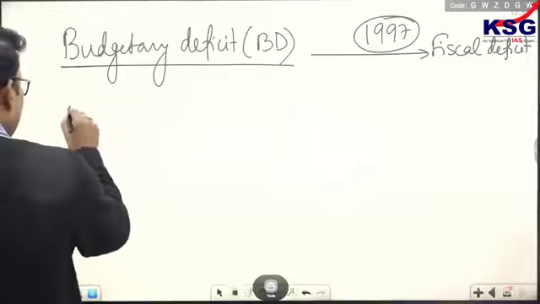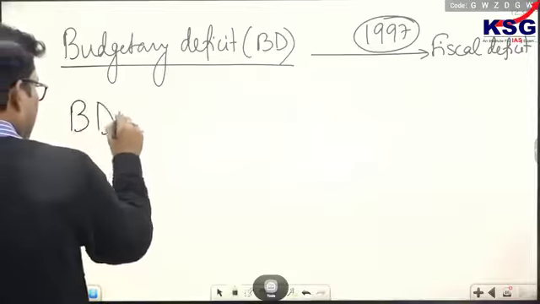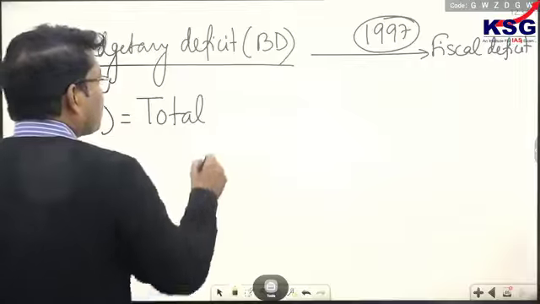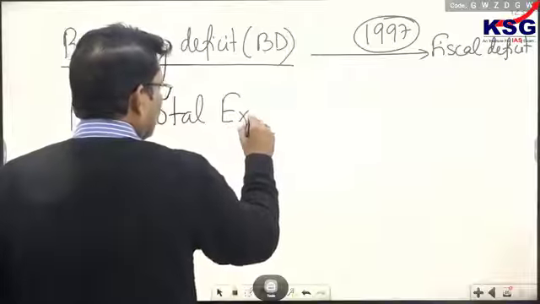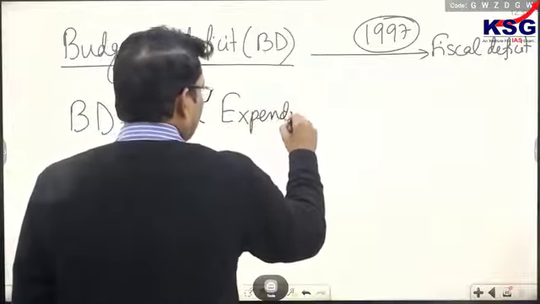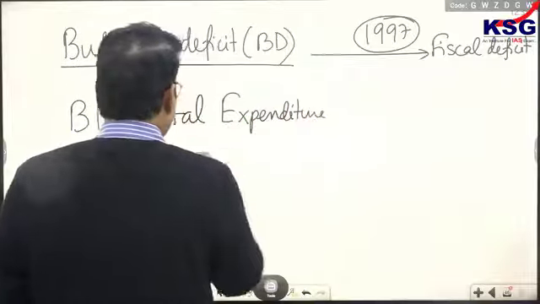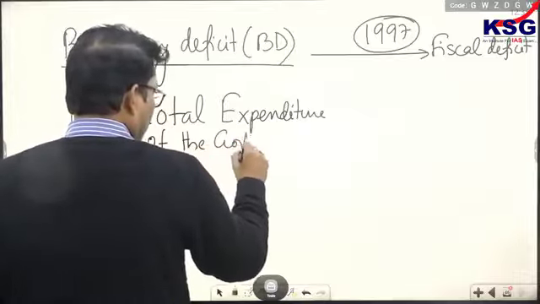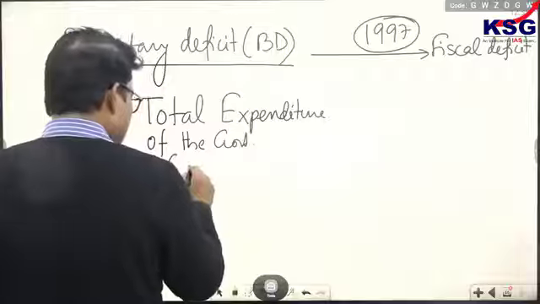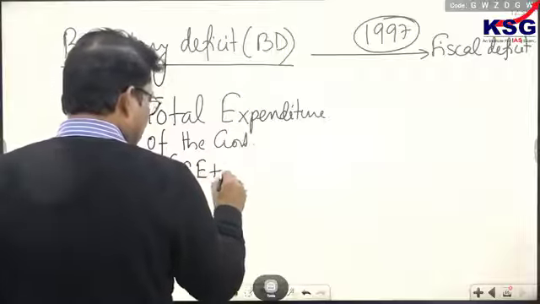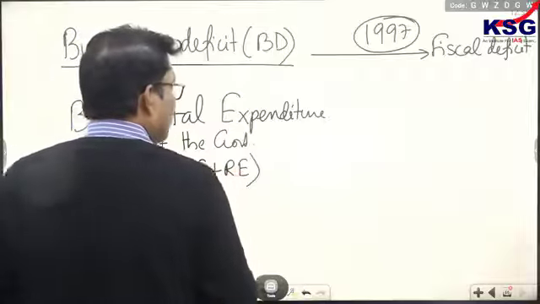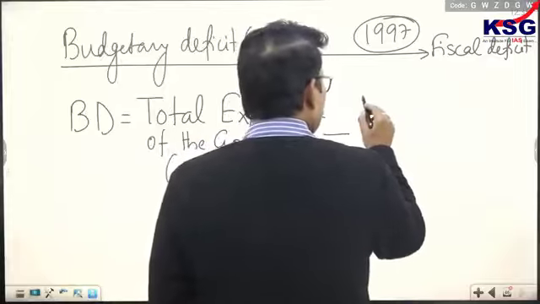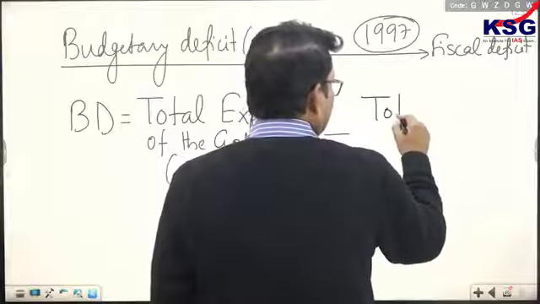Why? Because in budgetary deficit, you are taking the total expenditure of the government, which includes capital expenditure plus revenue expenditure, minus total receipts. Here there is a difference.